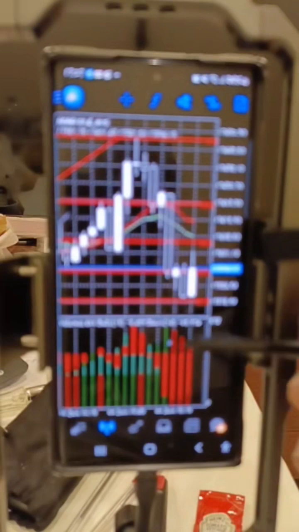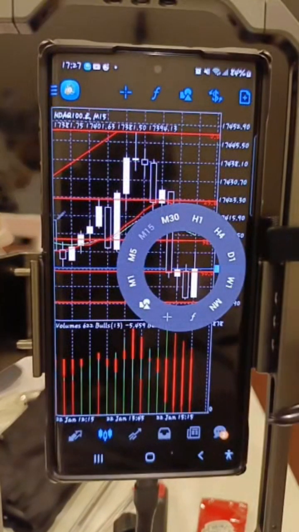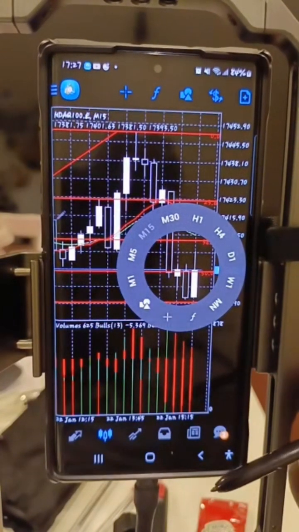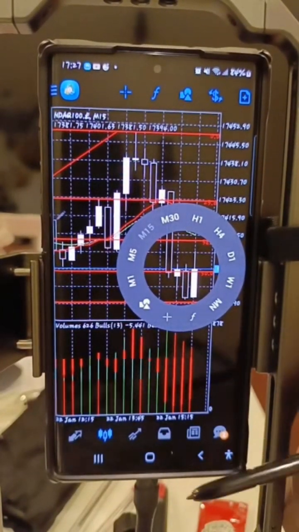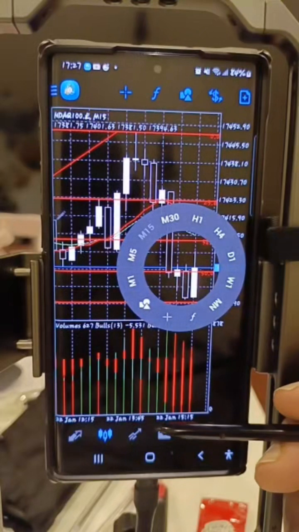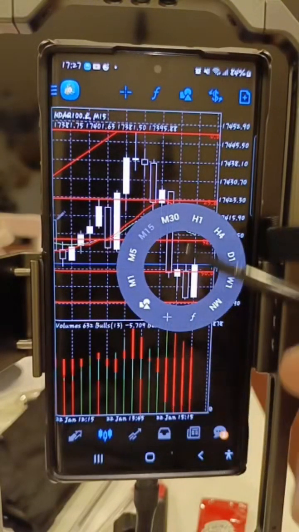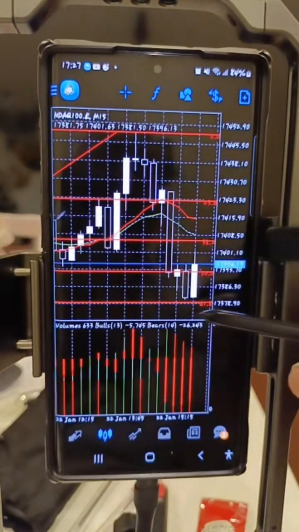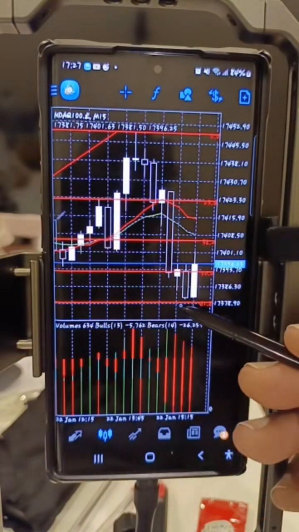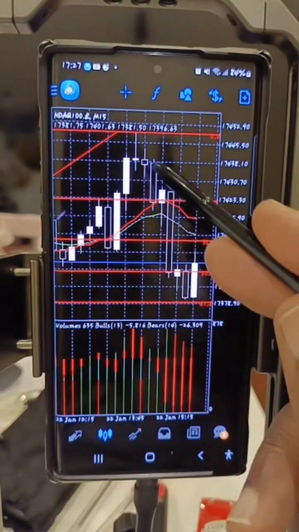The moderator has put up what it is, MT4. MetaTrader 4, MetaTrader 5. I will be doing a comparison between the two. As I said, using the fib is very nice.